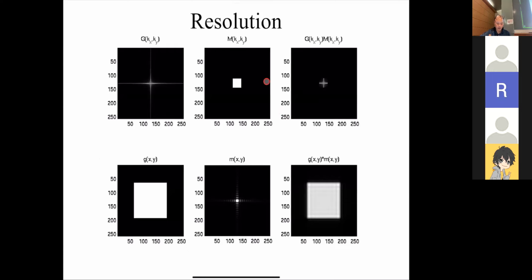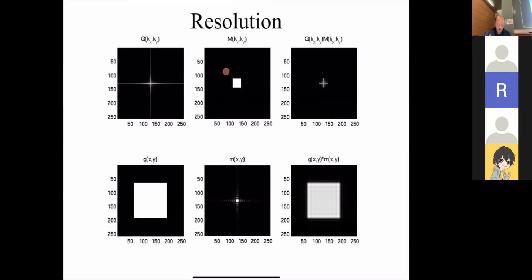Let's first look at what that effect has, intuitively. This is my object here. It's a two-dimensional rect function, and its inverse transform is a two-dimensional sinc function. I don't really have time to acquire all of these samples, so I only want to acquire samples in some limited space of K. So I multiply my Fourier transform by this windowing function here.